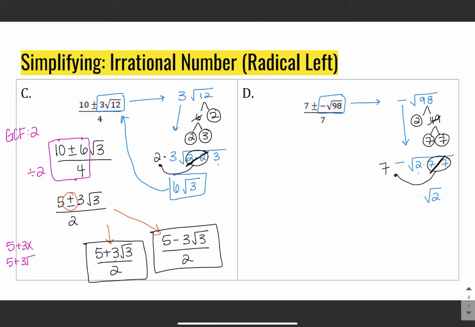Technically, this is a negative 1 in front of the radical there. So realize 7 times negative 1 is just going to be negative 7. So this is what's going to get put back in my expression. So I'm going to rewrite. So I have 7 plus or minus negative 7 radical 2 divided by 7.